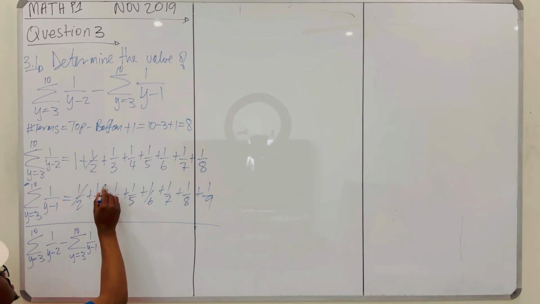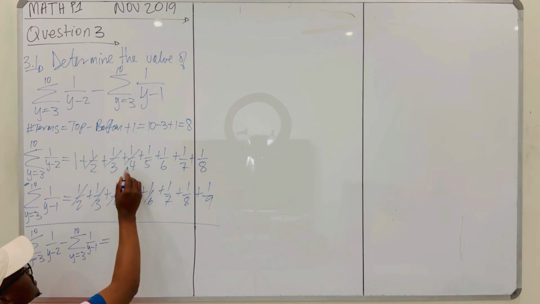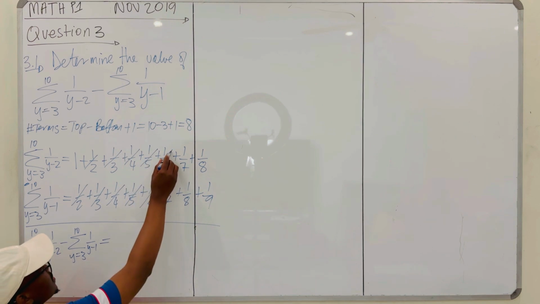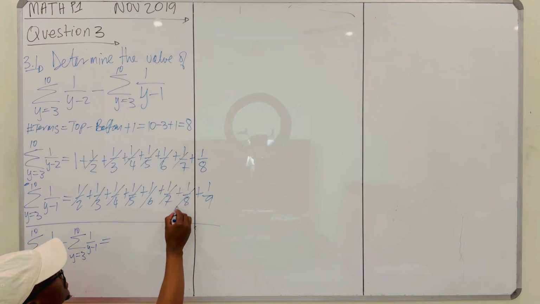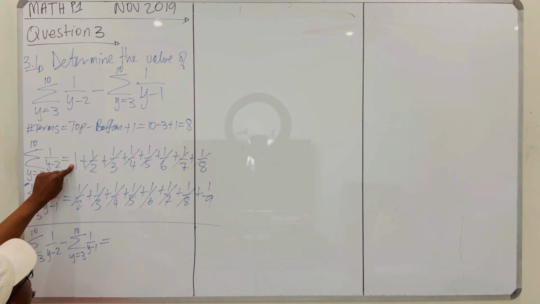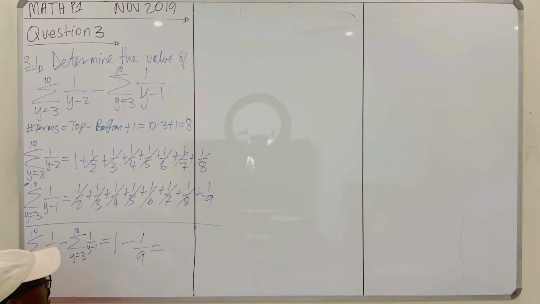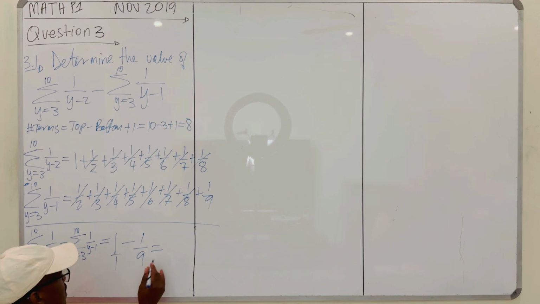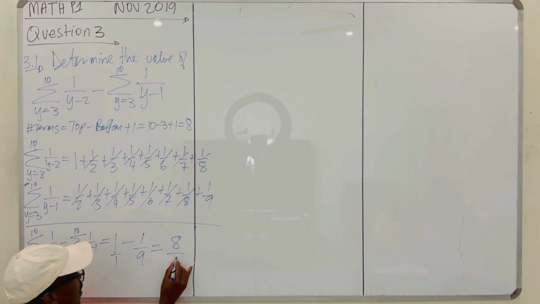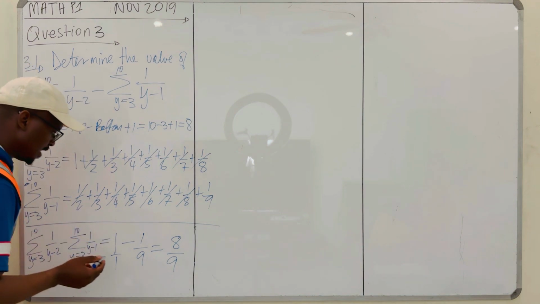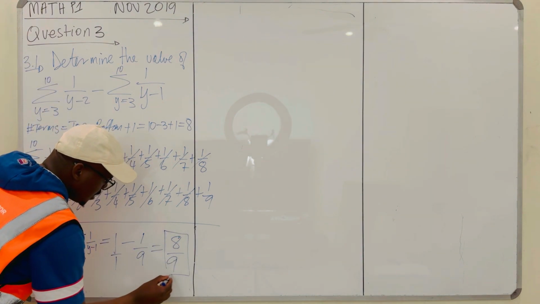This will cancel this, this will cancel that, and so on. So you are left with 1 minus 1 over 9, which is equal to 8 over 9. This is your final answer. The difference between these two sums is 8 over 9.